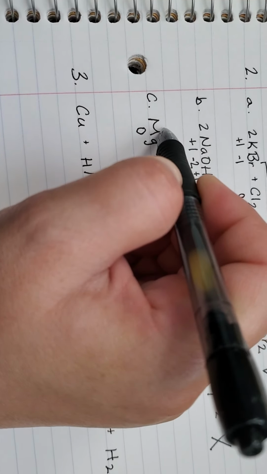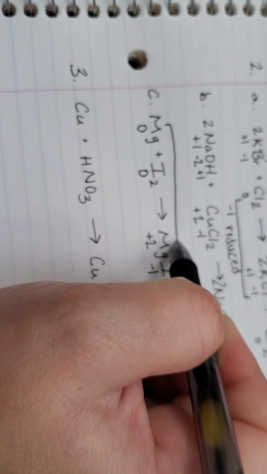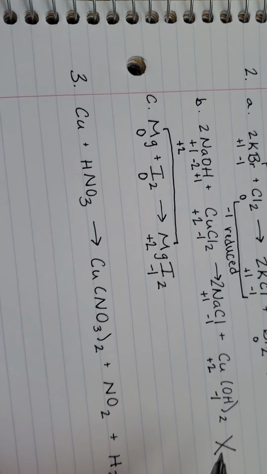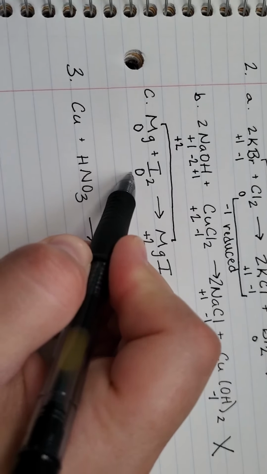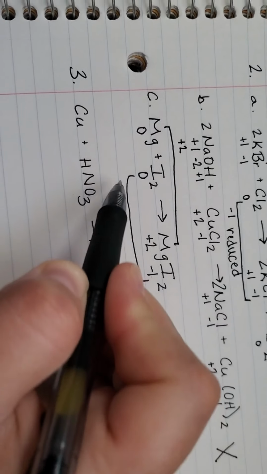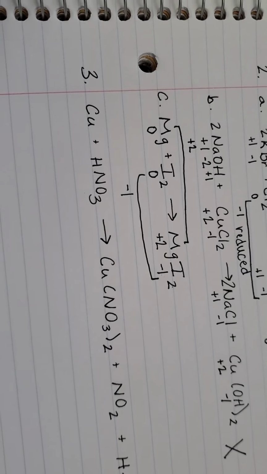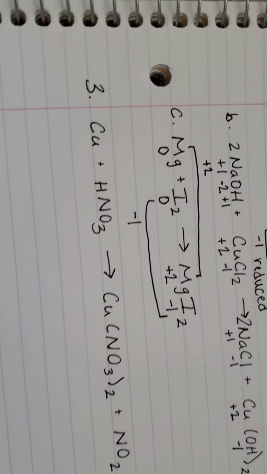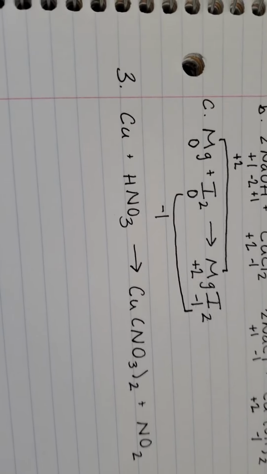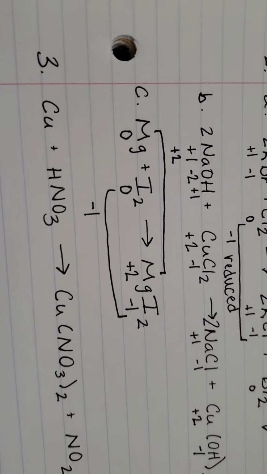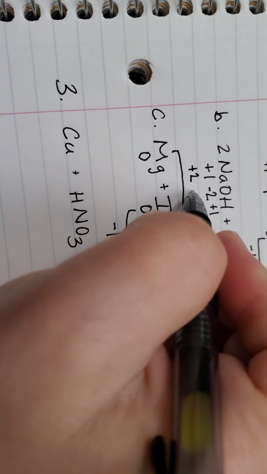So magnesium is going from 0 to +2, so it is losing 2 electrons. Iodine is going from 0 to -1, so it is gaining an electron. And there's 2 of them, so that's happening twice. So that means that magnesium is being oxidized because it's losing electrons.